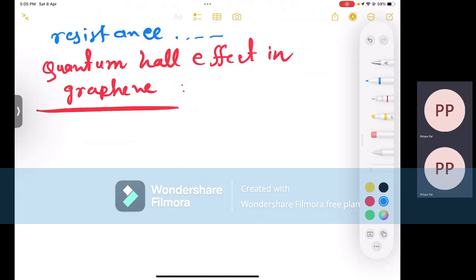For relativistic particles, you have particle and antiparticle energies as a function of momentum. So first I'll write this E plus minus, for particle and antiparticle, as a function of momentum. It's basically the wave vector.